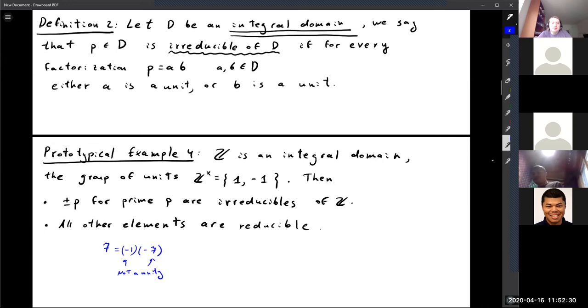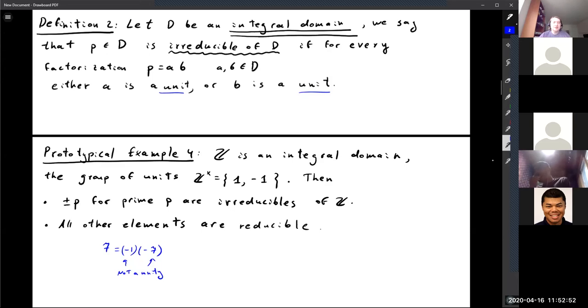In order to account for this case, we have to require that either A is a unit or B is a unit. Does it clarify the question? Oh, yes. Okay, thank you. Yeah, that's important. Thank you very much for asking.